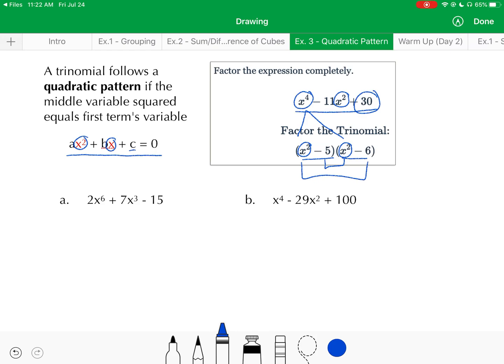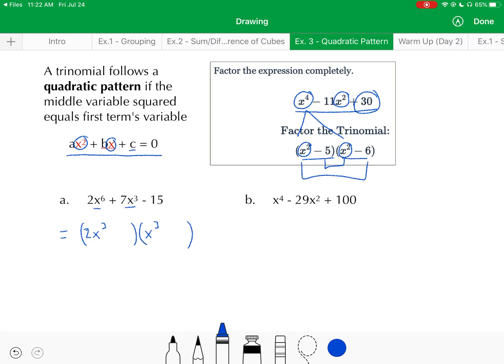In A, that is a quadratic pattern because we have a constant of -15. X cubed, if I were to square that, I end up with x to the sixth, okay? So if this factors, I know the two factors, they're going to need to begin with a 2x cubed and an x cubed.